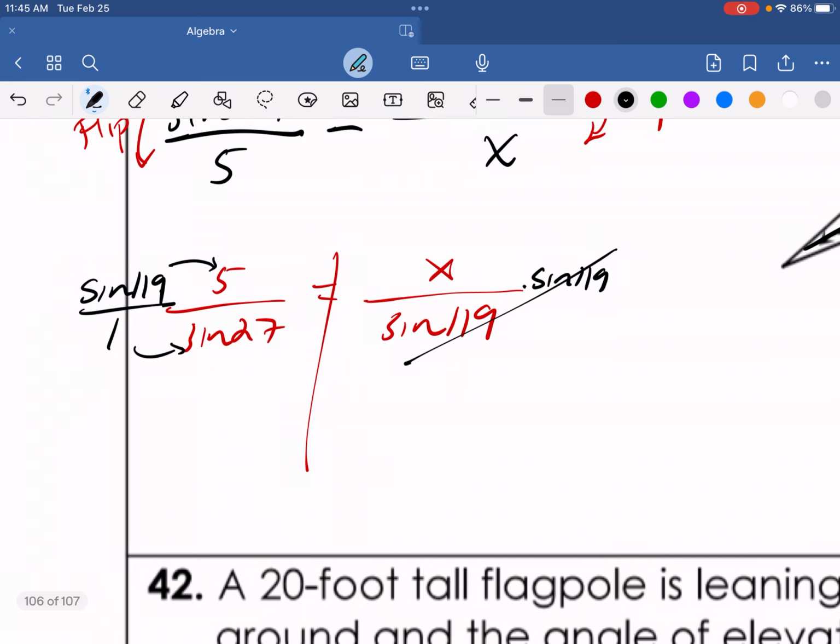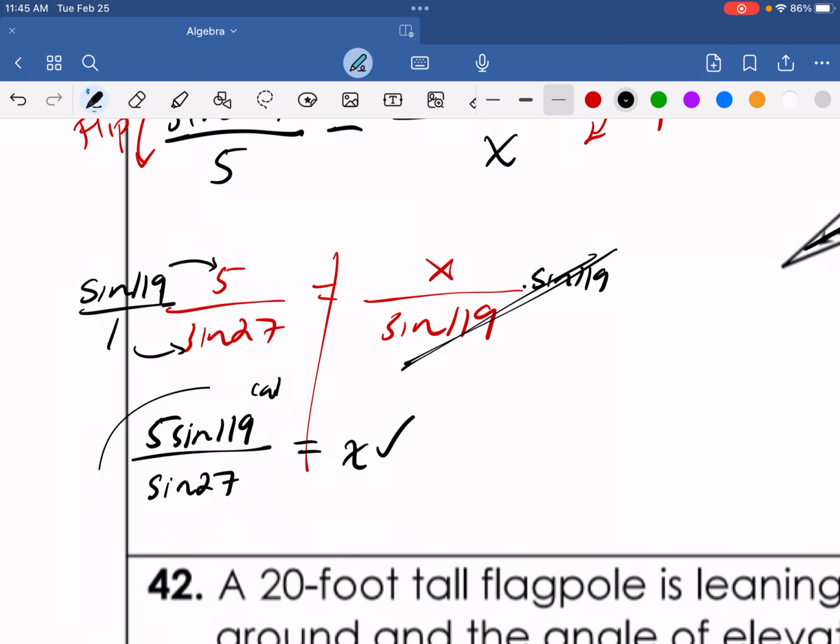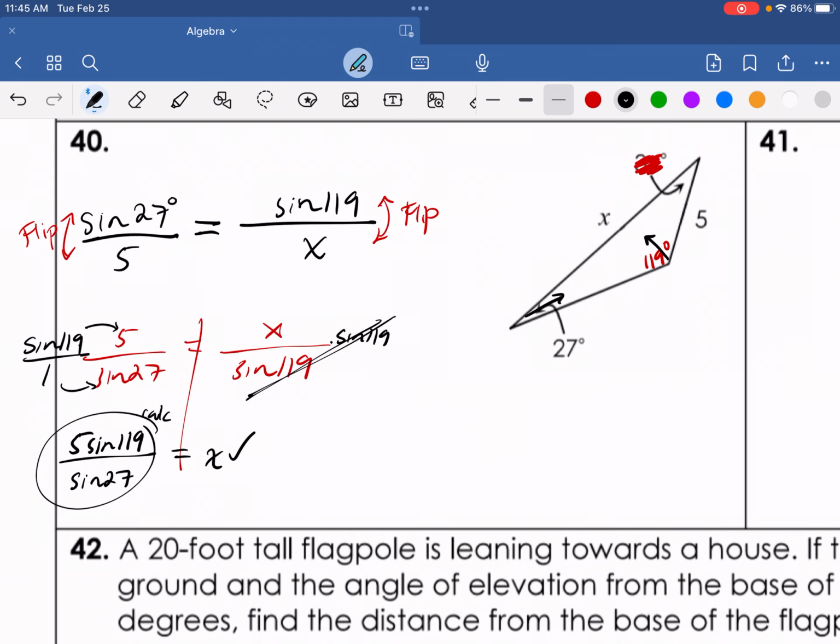That means the 5 is going to multiply with sine 119. And on the bottom, 1 times sine 27 is just sine 27. And what does it equal on this side? Well, the sines cancel, so just x. So you're done. This goes in the calculator. Make sure you press the green button and the one next to it to get those 2 boxes, so you can type it in and get a decimal. X is similar to 9.6.